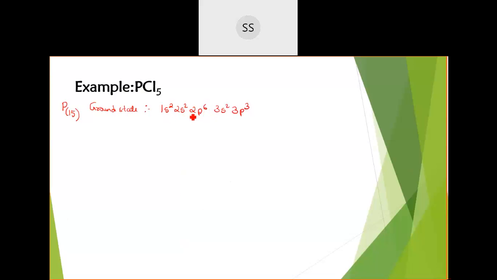Which orbitals should I take now for hybridization? Students, tell me. From where should I start taking the orbitals for hybridization? Yes, very good. We need to start from the third shell, correct?